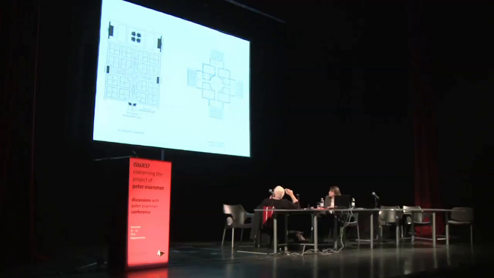Clearly in the west, we have the Villa Rotunda, which is also sometimes thought of as 9 squares. I like to think of it as a 4-square project extending out from a central rotunda or point.